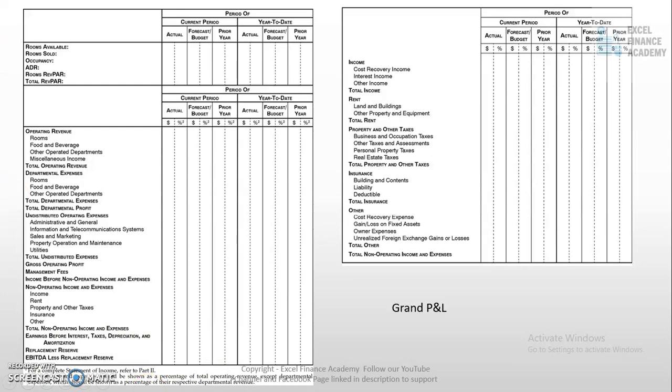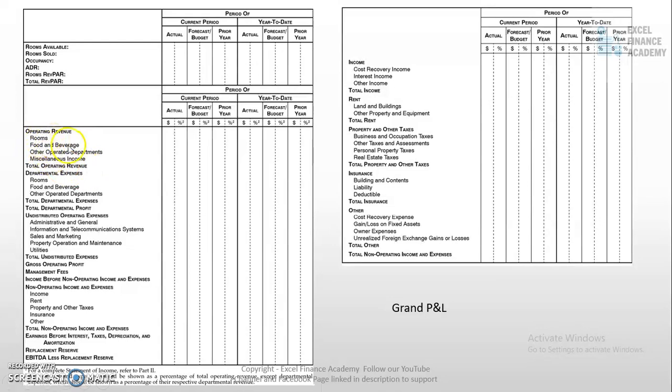So here is the standard format of the Grand P&L, which is divided into two parts: statistics and then the operating departments. This template describes a summary of all the hotel operations, operational metrics, plus the revenue and expenses performance for each department separately.